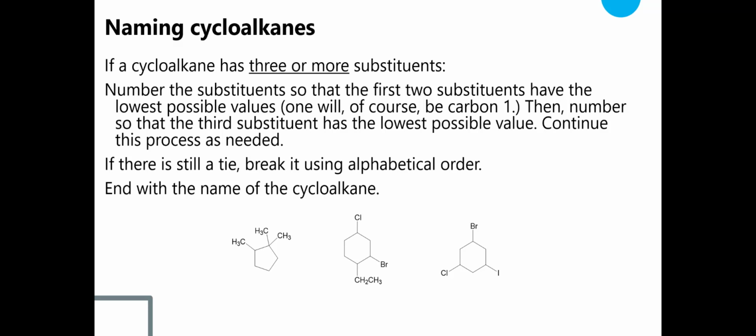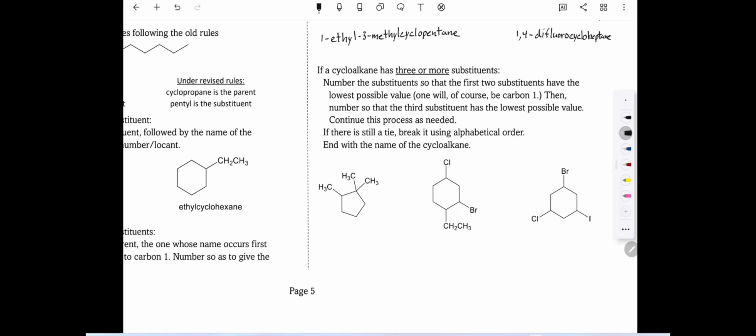So let's take a moment and name these 3 compounds. This first compound contains 3 methyl groups on it. So in deciding which of these is carbon number 1, I'm going to pick this carbon right here, because then the second methyl group will also be on carbon number 1, so it'll be 1, 1. And then I'll number counterclockwise to make the final methyl group appear on carbon number 2.